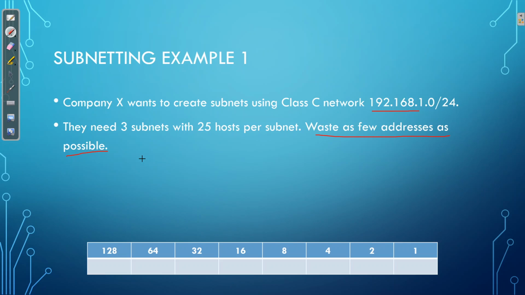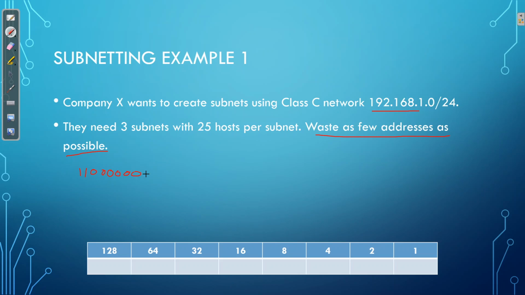To do that, let's list out 192 in its binary equivalent. That's going to be 1 1 0 0 0 0 0 0, and that's the first octet.